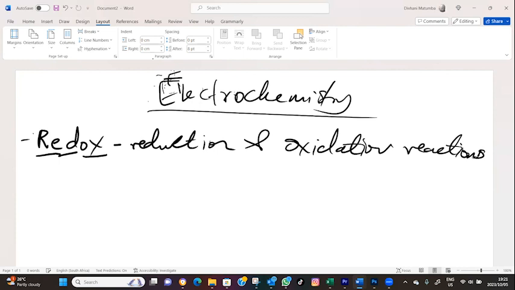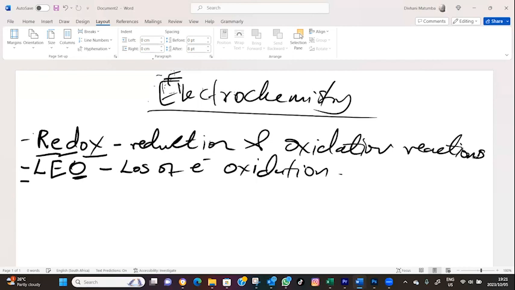Now, what is reduction and what is oxidation? Oxidation is the loss of electrons. That's oxidation.